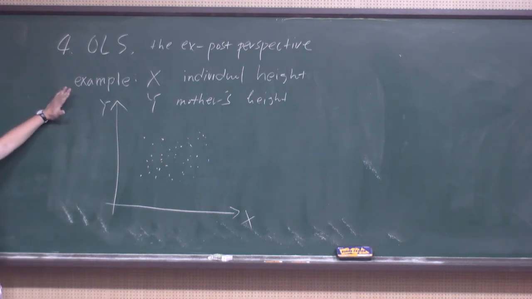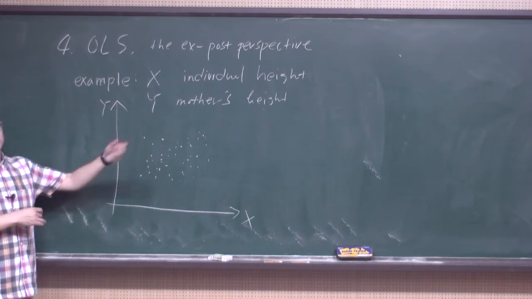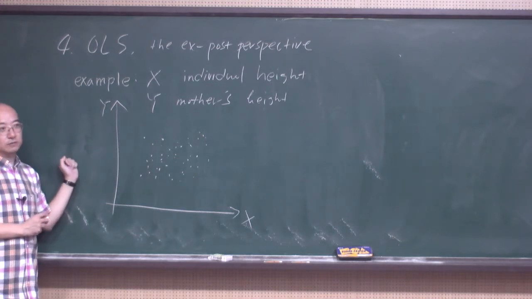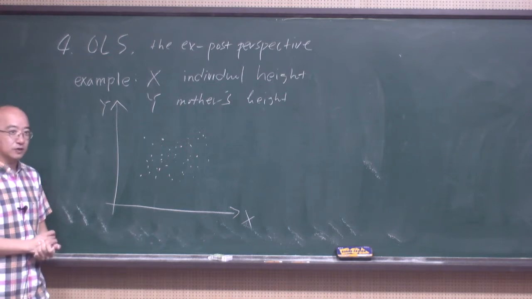So one way to summarize the data is, of course, just to make this scatter plot, print it out and just distribute. That's a good way to summarize the data. So that's useful enough in some situations.